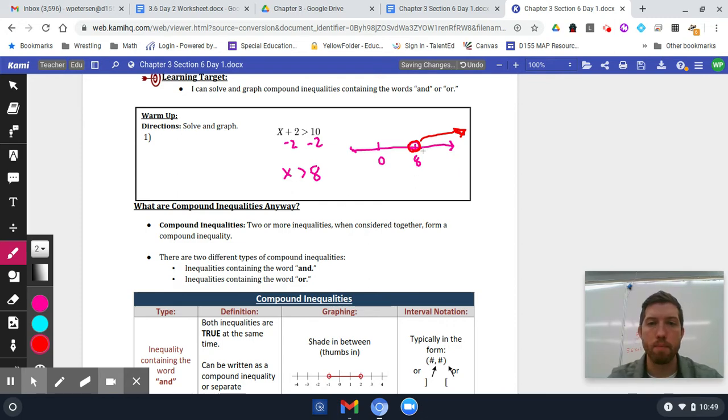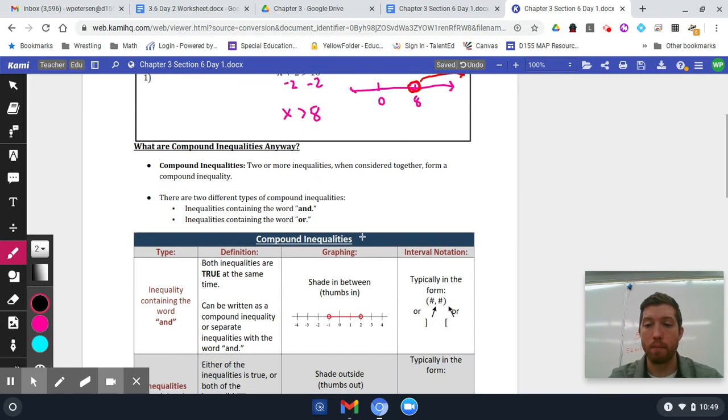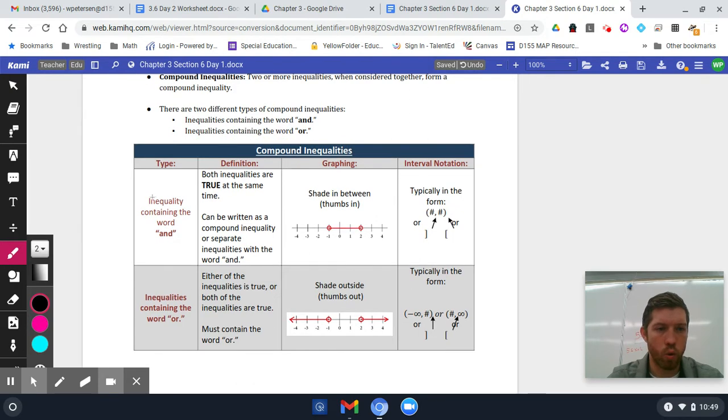Now we're talking about compound inequalities, and they include the words and or. It's important to recognize that because that means we have more than one graph. We have our and graphs, so inequalities containing the word and. Both inequalities are true at the same time when they highlight in between.